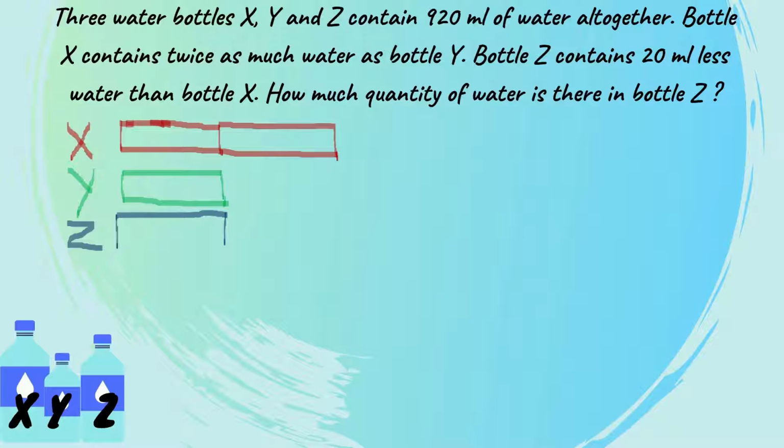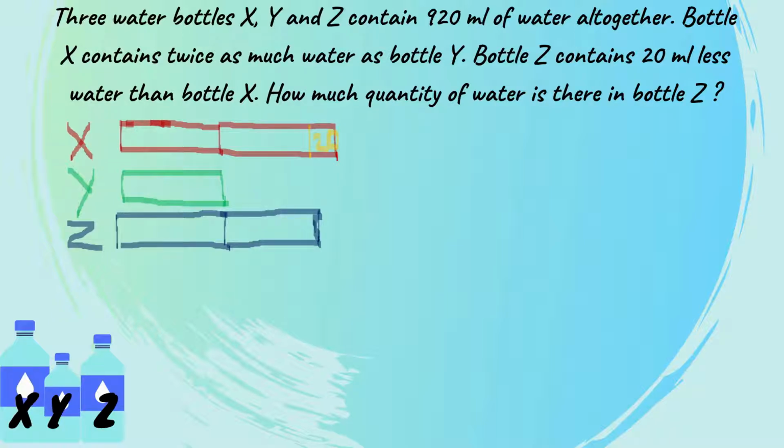It has of course the same amount as bottle Y, and then it also has the amount of bottle X but 20 ml lesser. So it can also be said the bottle X has 20 ml more than bottle Z. So this is what I'm going to represent. Extra 20 ml is this.